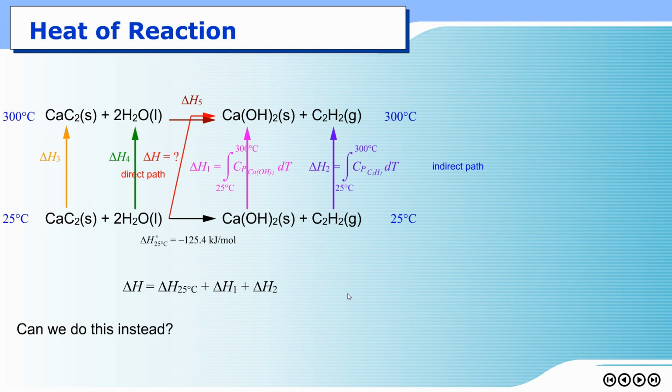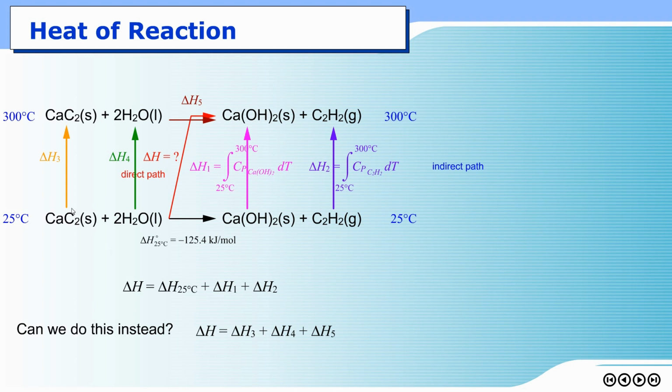Can we still get the answer? Theoretically, any indirect path that you choose should give you the same answer as the direct path. But sometimes it might not be that simple.